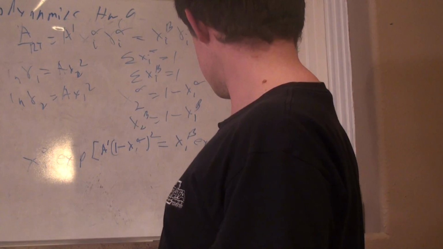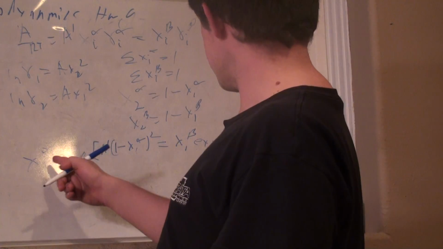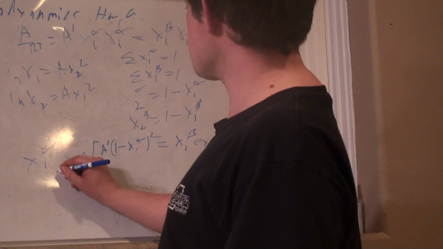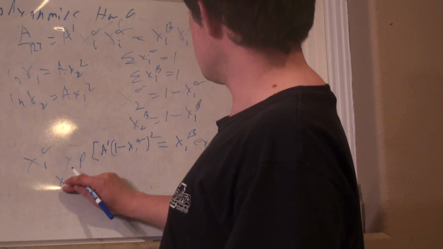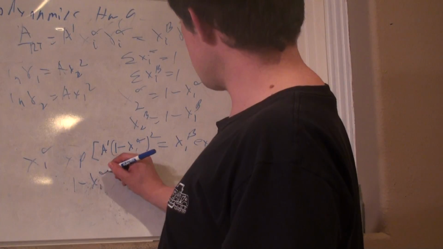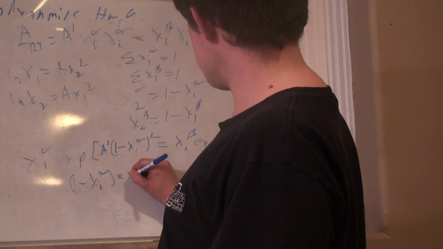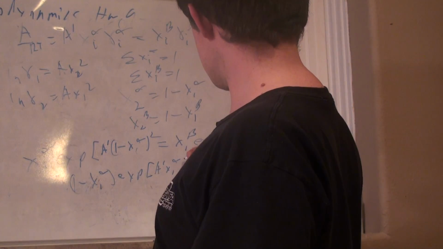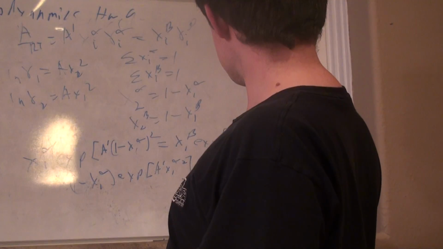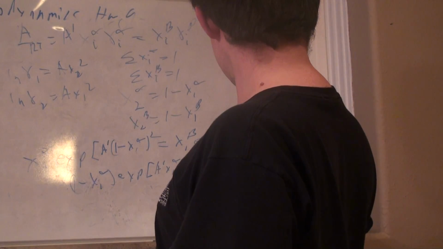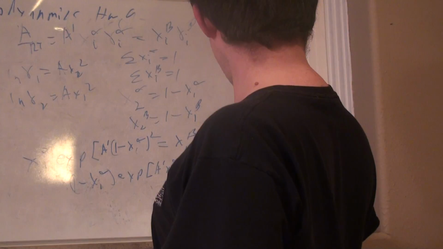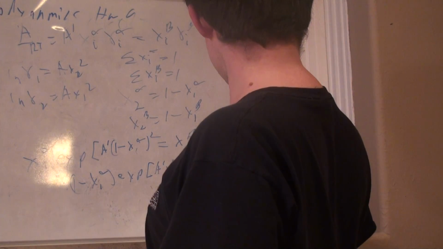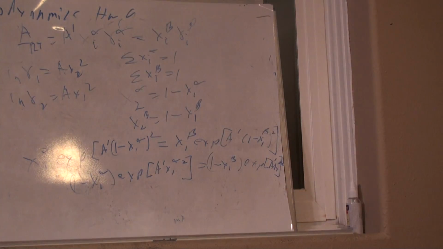So there's one equation, but I have 2 unknowns, an x1 alpha and an x1 beta. Then I have the other one: 1 minus x1 alpha times exponential of A prime x1 alpha squared equals 1 minus x1 beta times exponential of A prime x1 beta squared. So I have 2 equations and 2 unknowns.